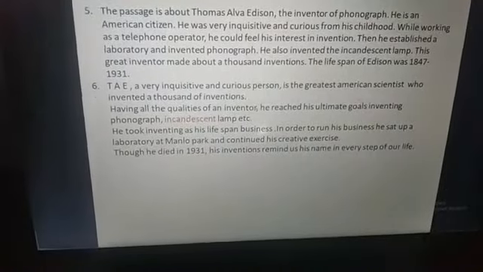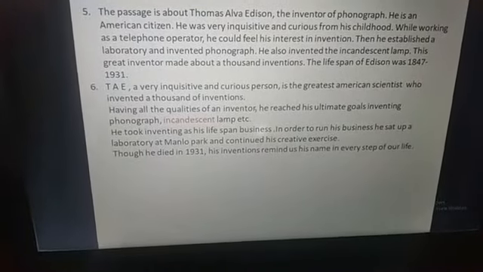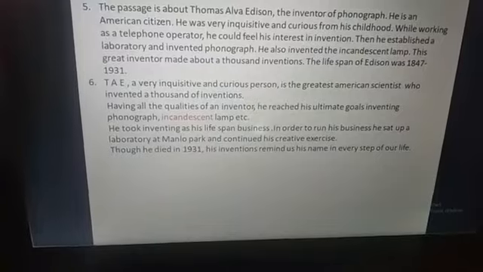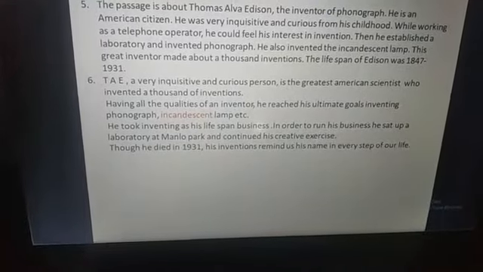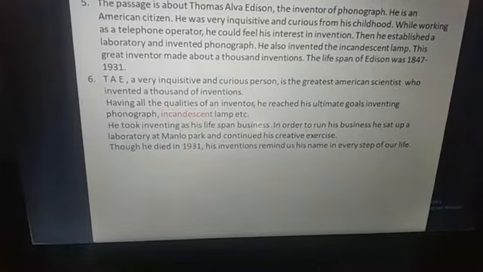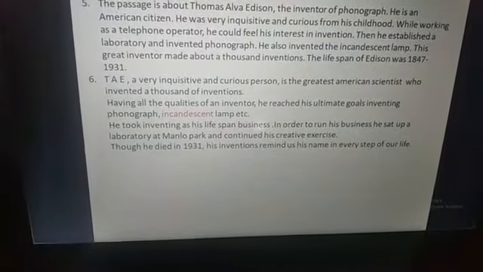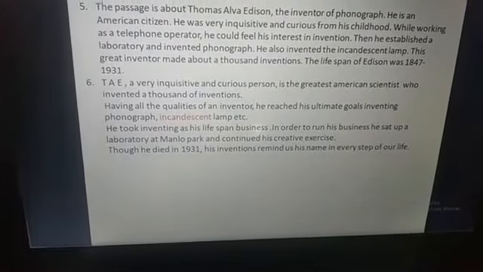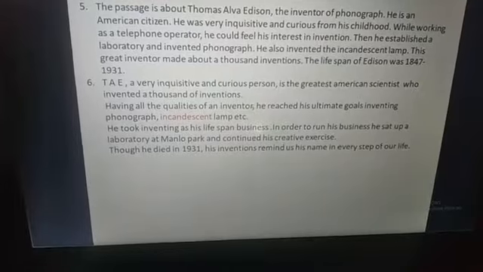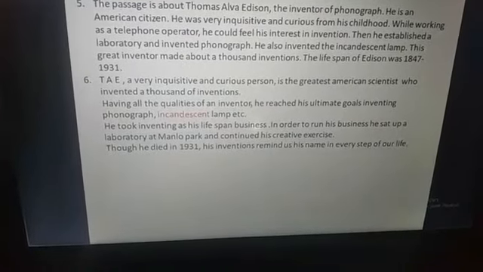Here we write some supporting ideas. He had all the qualities of an inventor. He reached his ultimate goals, inventing the phonograph, incandescent lamp, etc. He took inventing as his lifelong business. In order to run his business, he set up a laboratory at Menlo Park and continued his creative exercise.